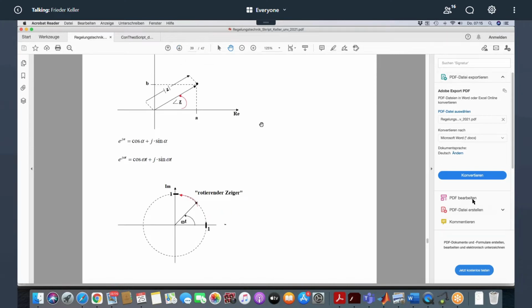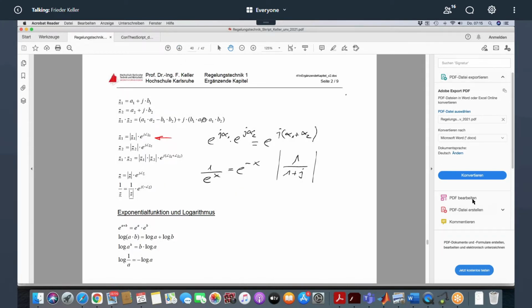Good. Next, I just want to show that we can convert complex numbers from the real part, imaginary part representation to the polar form using the Euler notation with e to the power j angle. With this representation, it's pretty easy to multiply two complex numbers.